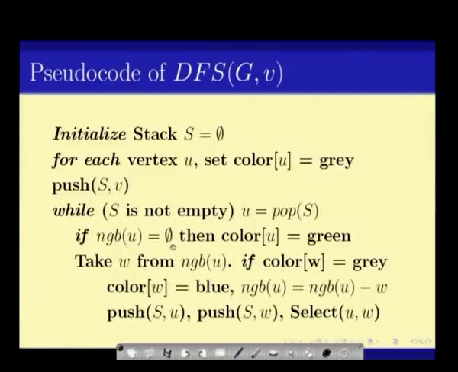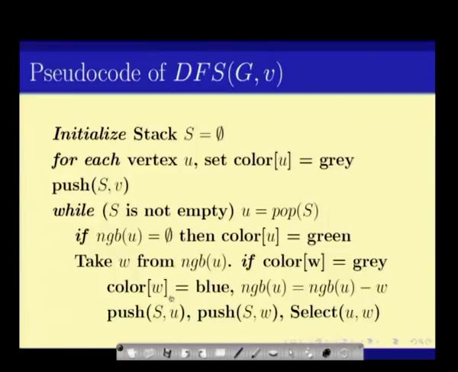If the neighborhood of u is empty, then that means we have hit a dead end, and then we color it green, as if we are done with that vertex. Else we take a w from the neighborhood of u. If the color of w is gray, which means it is untouched, then we will do various operations.